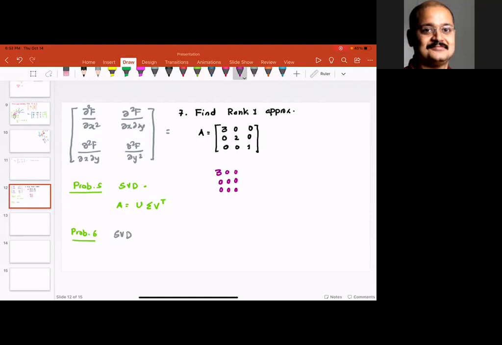Then you just take the first column of U, the first row of V, multiply with that weight, and you see what matrix you get. The matrix that you get is 3 0 0, 0 0 0, 0 0 0. That is a rank 1 approximation of this matrix. Does it make sense? Okay, I'll say that again.